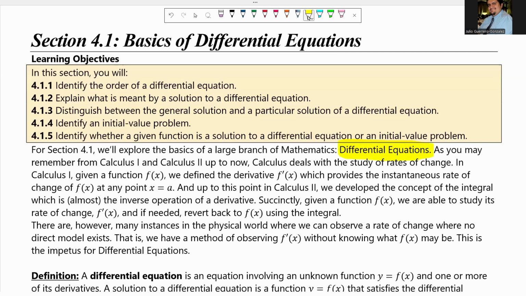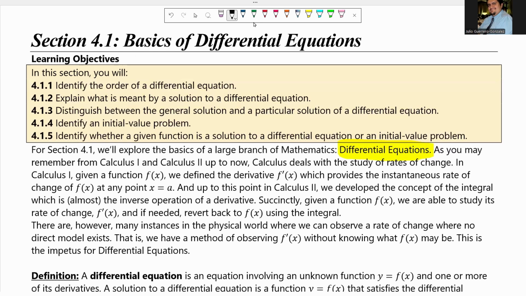Okay, so let me explain a couple things before we jump into what differential equations are. If you remember, all of Calc 1 dealt with the derivative, the rate of change. And now that we're in Calc 2, nearly the entire time we've dealt with the integral, the area under the curve.